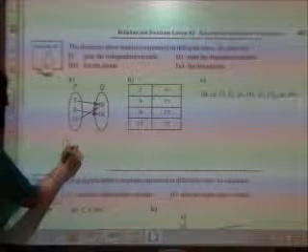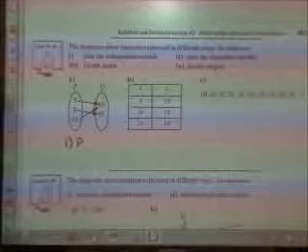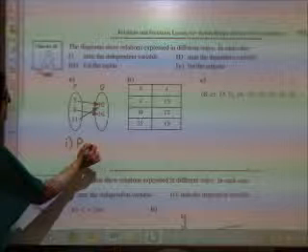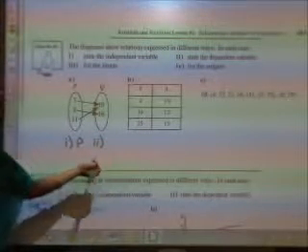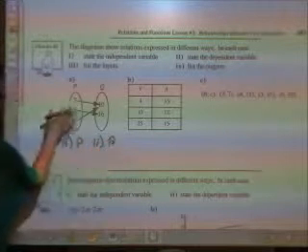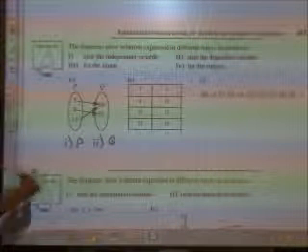So in A, what is the independent variable? P. How do I know it's P? Because the arrows are coming from those numbers. Then the dependent variable would be Q, because the arrows are going to Q.